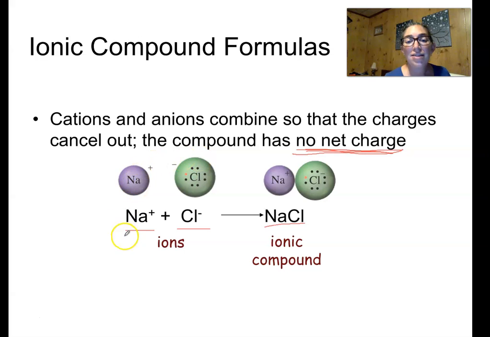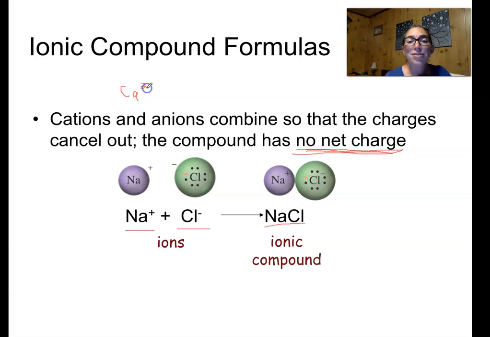So in other words, these ions have to combine in such a way that the charges cancel out. Now, if the two ions have the same but opposite charges, that's easy. Sodium has +1, chlorine has -1, 1 and 1, and done. All right. Let's say you had calcium, which is a group 2 element.